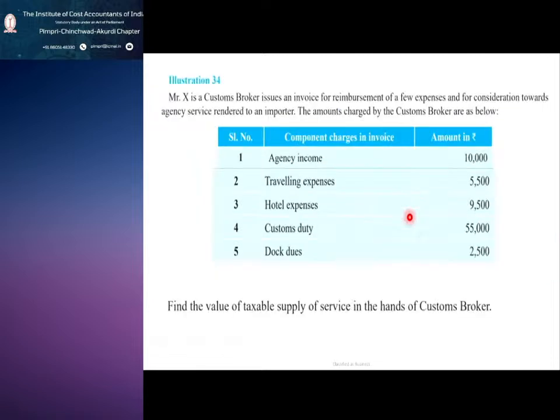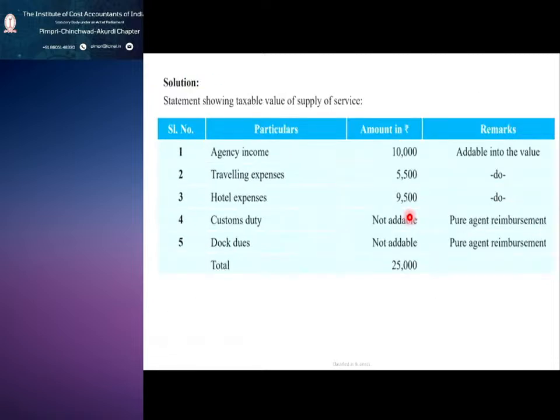The customs duty and the dock dues he pays on behalf of us to the customs department. This is not his income. He pays this amount on behalf of us, so it is like a reimbursement. So that will not be considered in the taxable value of supply.